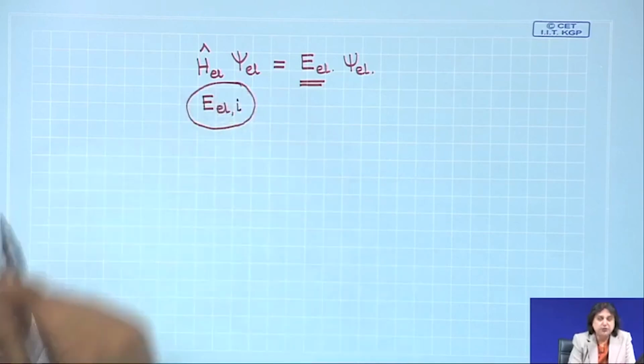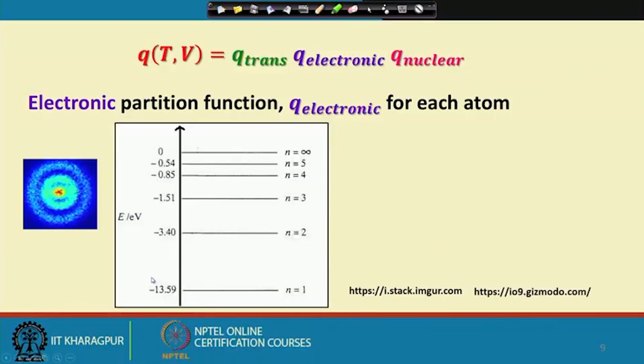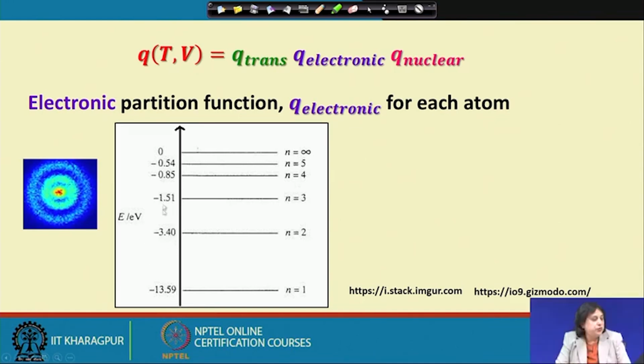So, this corresponds to the ith energy eigenvalue from the electronic Schrodinger equation. Now, if I think about it from the experiments, this is what we get for the different solutions. As you see, these are the energy levels, or the energy states, that are accessible to the hydrogen atom, and typically the energy scale is about a few units of electron volt.